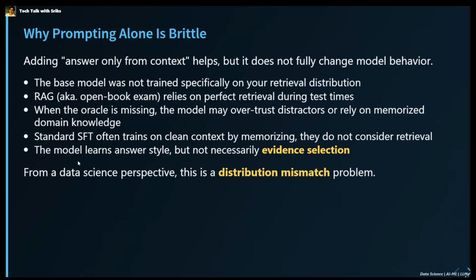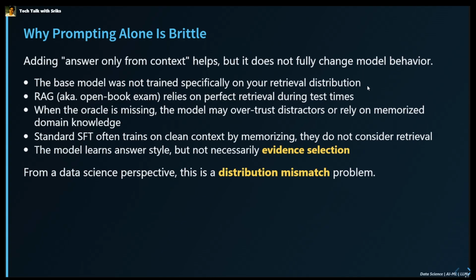Now, another way to deal with this problem is better prompting. Now, let's discuss why better prompting cannot solve this particular problem. The base models that we're using today, be it GPT or any large language model, are not specifically trained to deal with bad documents. The set of documents that are used during the instruction fine-tuning phase for these large language models are most of the time good. So they do not know how to deal with bad documents.